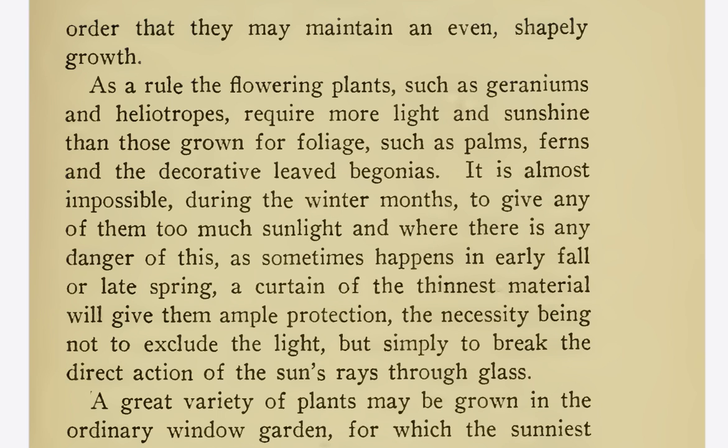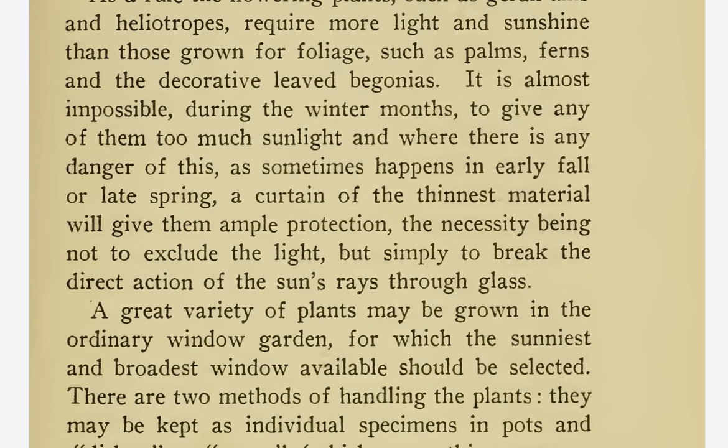It is almost impossible during the winter months to give any of them too much sunlight, and where there is any danger of this, as sometimes happens in early fall or late spring, a curtain of the thinnest material will give them ample protection, the necessity being not to exclude the light, but simply to break the direct action of the sun's rays through glass.